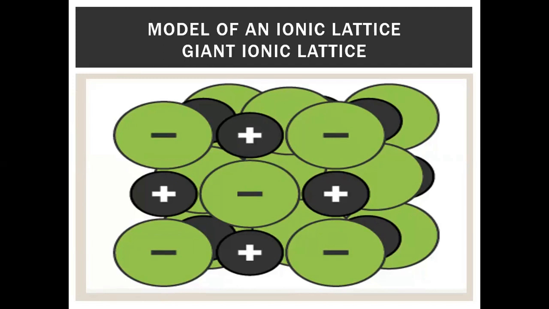It's a model of ionic lattice. All ionic lattices are made in this way, that oppositely charged ions are repeatedly arranged in a three-dimensional regular pattern to make a giant ionic lattice structure. Clear? No confusion? That's great. Let's move ahead.